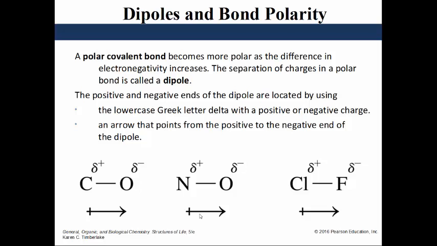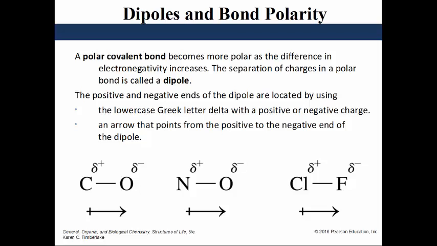Now the separation of these charges in a polar bond is called a dipole. Di meaning two, and pole meaning polar ends. So think of this as almost like a bar magnet, where you have two separate ends with totally different charges. For a bar magnet, you have a north and a south. So for these kinds of bonds, one part of the compound would be much more negatively charged, the other end would be much more positively charged.